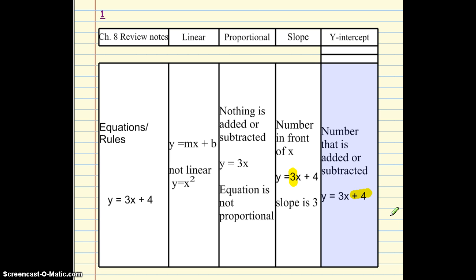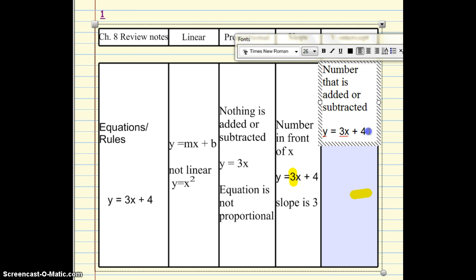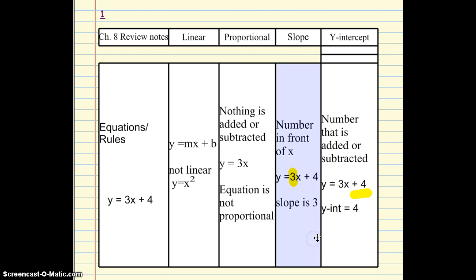Remember, take that sign in front. We don't want to leave that off. So our y-intercept is plus 4. I should say positive 4. There we go. I had a little craziness with the highlighter.